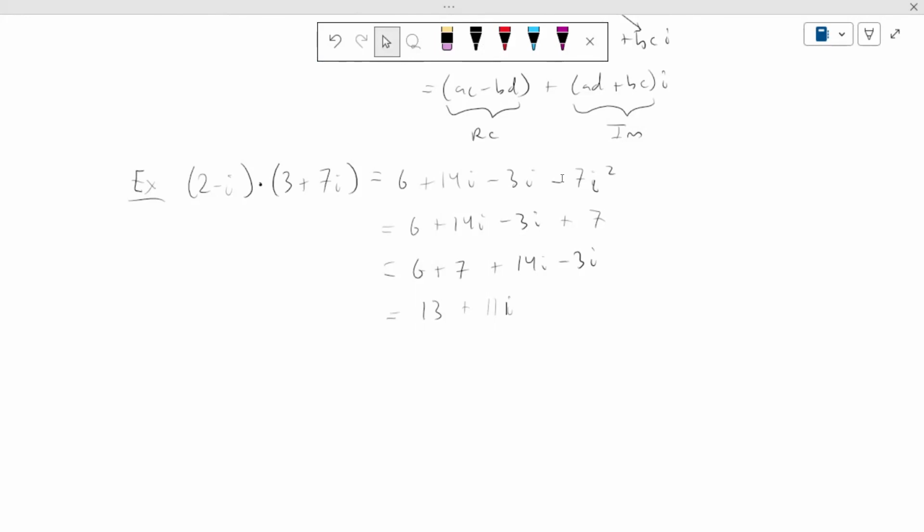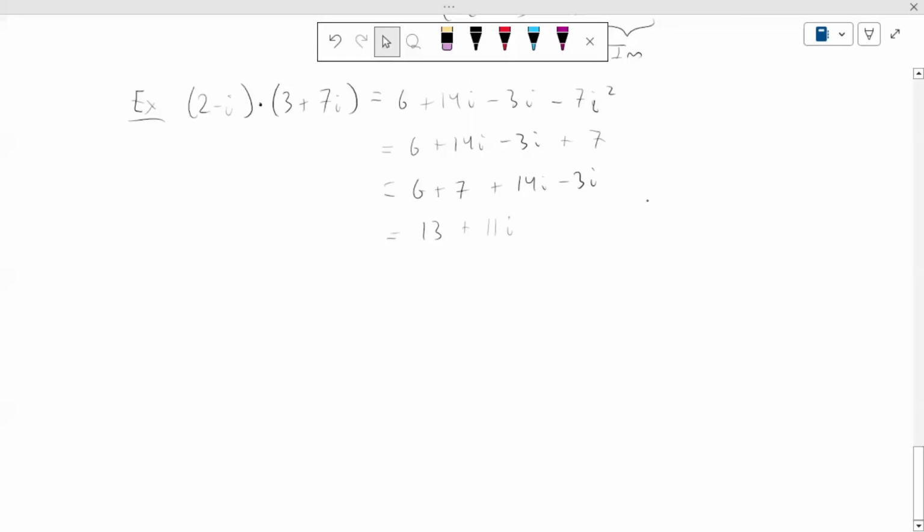Okay. So now that we have that, I'll break this up into 2 parts. The next operation we're going to talk about is division, of course. But I'm going to talk about dividing by a real number first. Not a red number, a real number. So let's say we have A plus BI divided by C. Now, remember, division is the same thing as multiplying by the reciprocal.